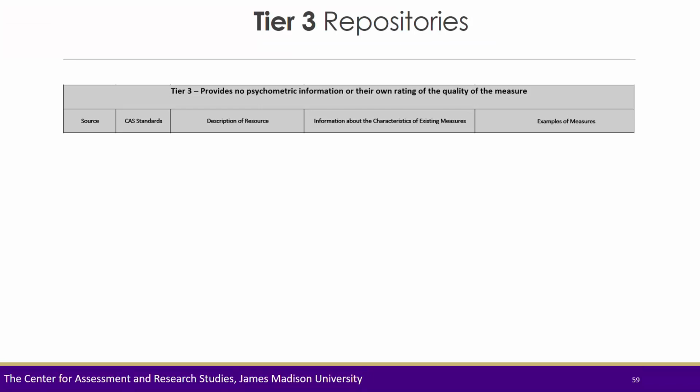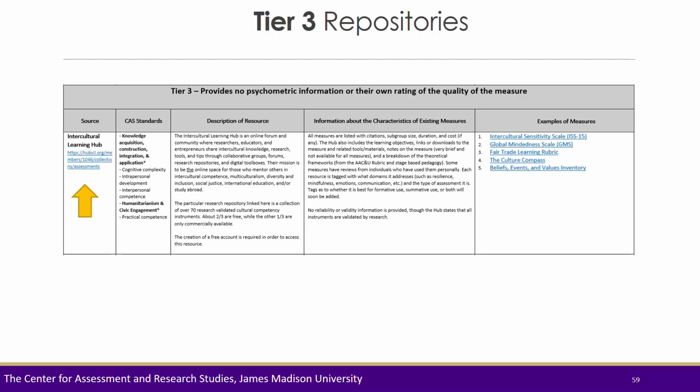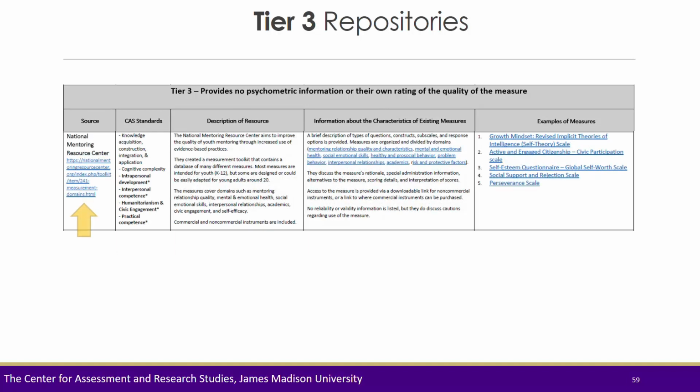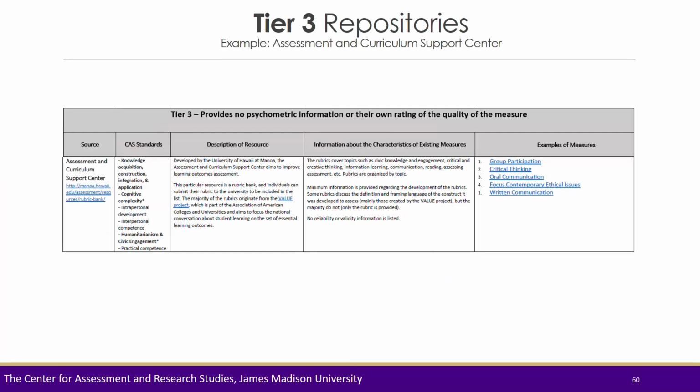Let's look at one more repository from Tier 3. Reading the description provided in our resource can give you an idea of the content or domain that those repositories target, such as intercultural knowledge, alcohol use, PTSD, mentoring, etc. Reading the descriptions and checking the associated CAS domains helps in directing me to a repository that should include critical thinking measures.